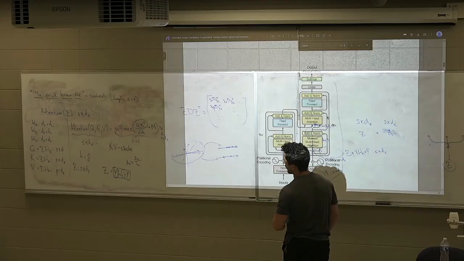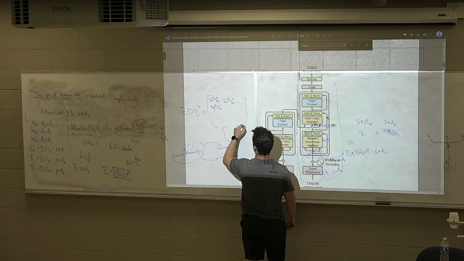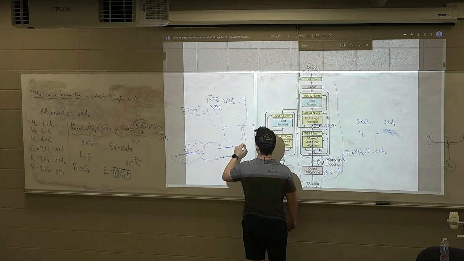Can you cache everything except the last row and column? This is going to be the same there. This is the new one. This is the new one for K. So you end up getting this being the same.